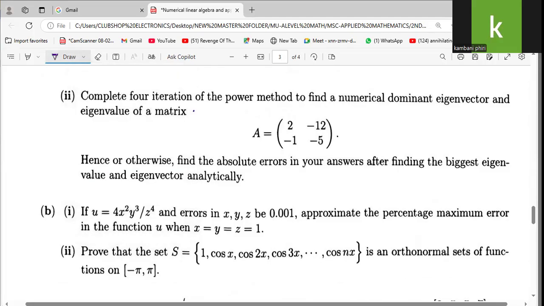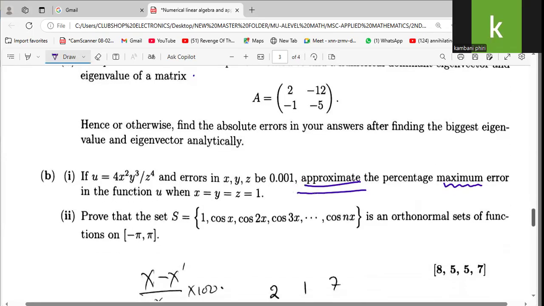We are saying if u is defined as 4x squared y to the power 3 divided by 4z to the power 4, and the errors in x, y, and z are 0.001, we need to approximate the percentage maximum error in the function u when x is equal to y, y is equal to z, and everything there is equal to 1.